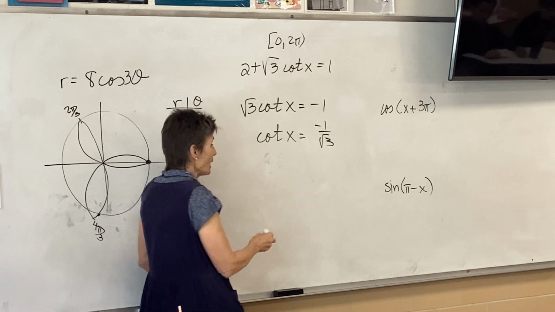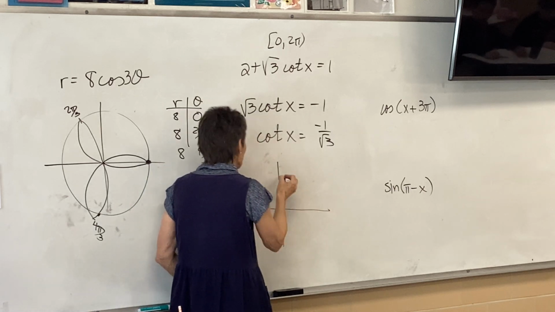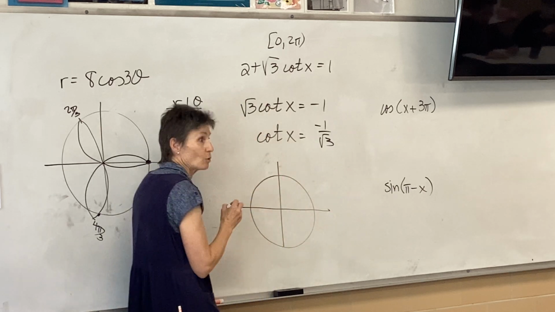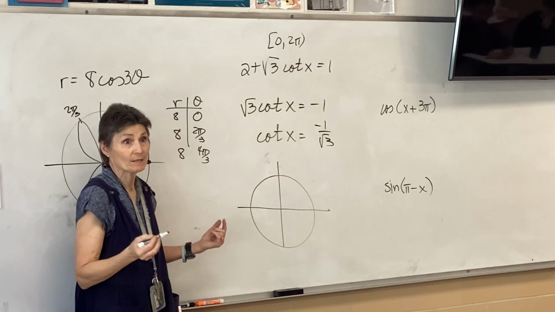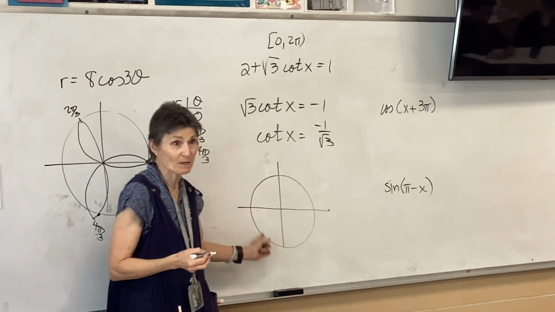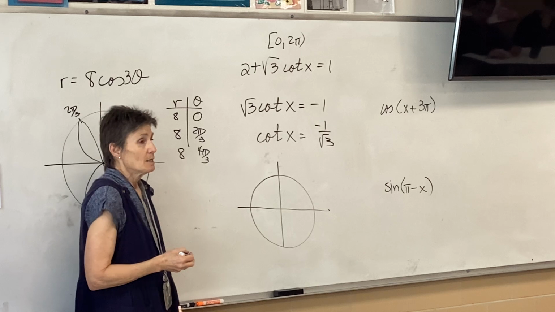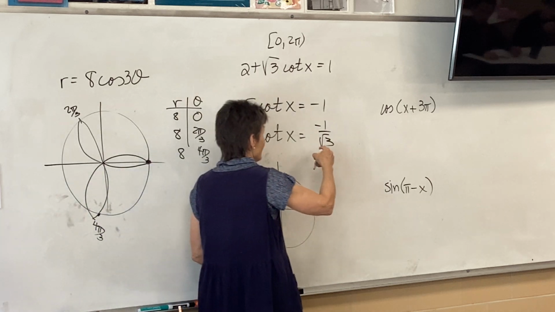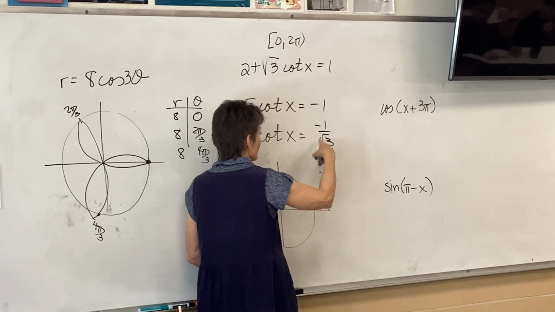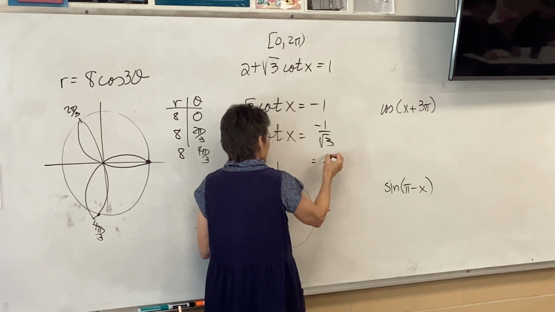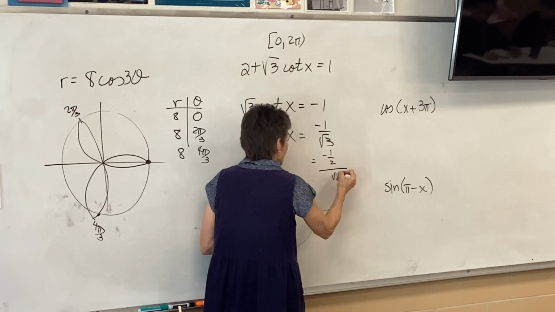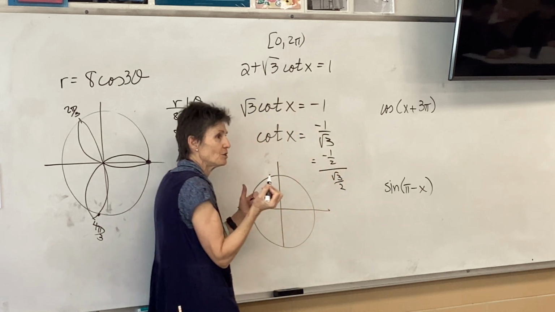Now this is no calculator, so of course I'm immediately going to think about my unit circle, because if it's no calculator, it's going to be one of my specials on there. Now be careful, if I'm thinking of this on the unit circle, then I kind of have to translate this like this. Does that make sense to you?